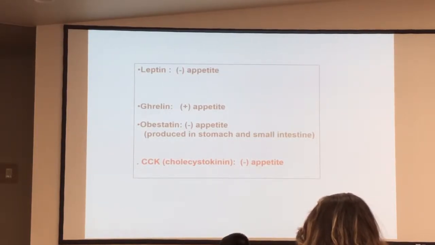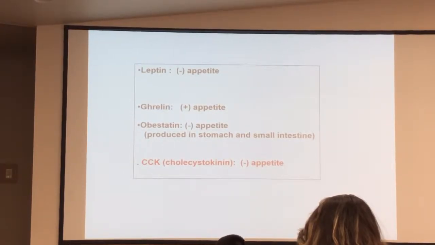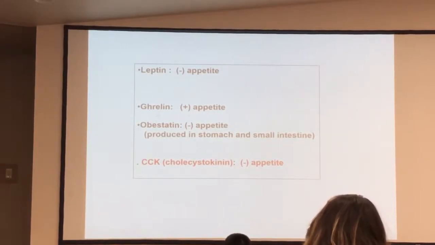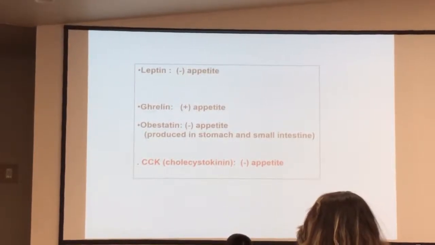Only ghrelin, this one from the stomach, increases. Okay, so if you have a multiple choice asking which of the following hormones will increase the food intake or appetite, it's only ghrelin. This one was only discovered maybe 10 years ago at UT University.